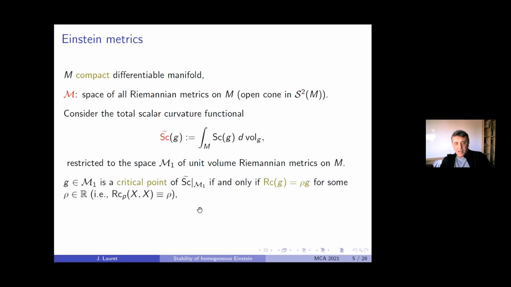And well, Hilbert proved that, kind of independently from general relativity, independent of Einstein, right? So this is the way Einstein metrics were born in mathematics.